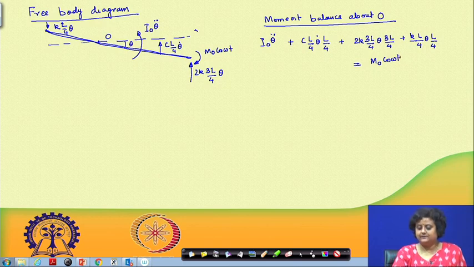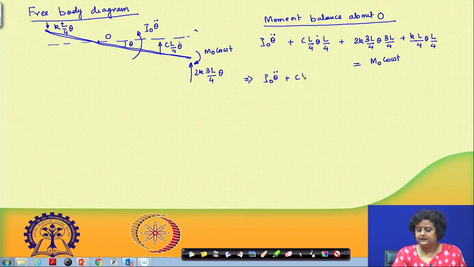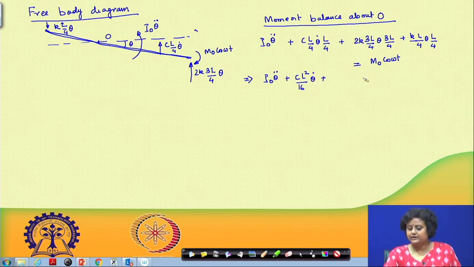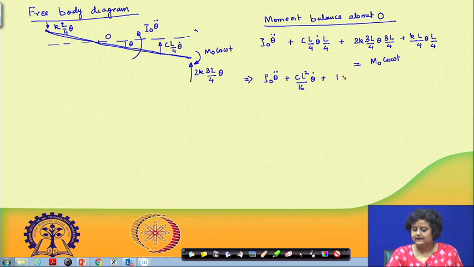If I simplify this, I will get I_O theta double dot plus C L square by 16 theta dot, plus, if I calculate this, 9 into 2 is 18, plus 1 is 19, so 19 L square by 16 into K theta, which is equal to M0 cos omega t.